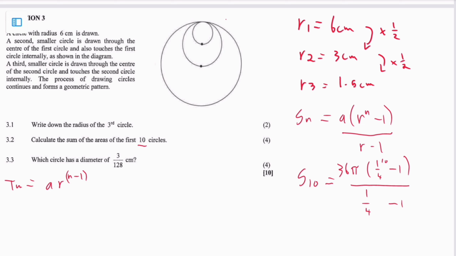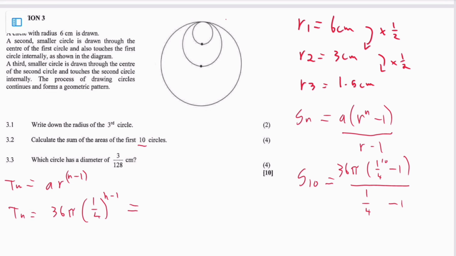Okay, a, r, and then r is to the power n minus 1. And so the question is asking us what's the value of n, right? Which circle? So is it the first circle, the second, the 10th, the 100th? So what are we going to do? So we already have a, which is nice. So a we know is 36 pi. And we have r, which is just a quarter. And this is n minus 1.